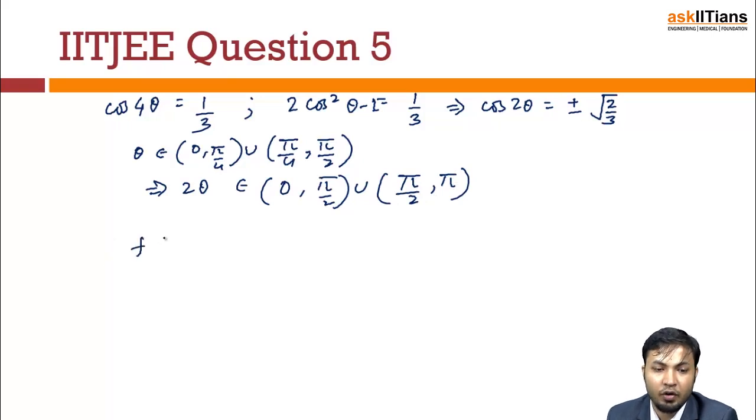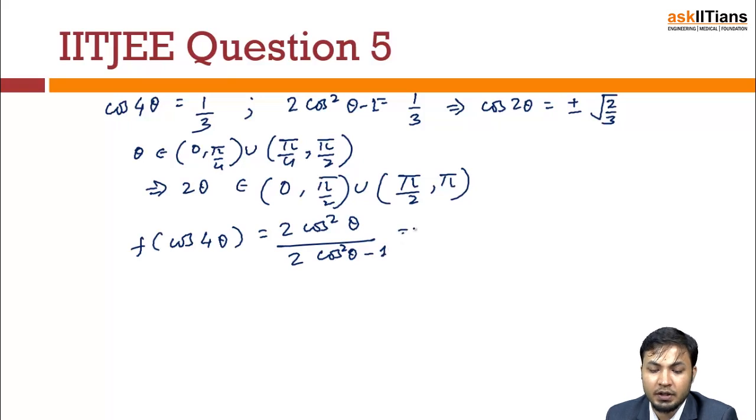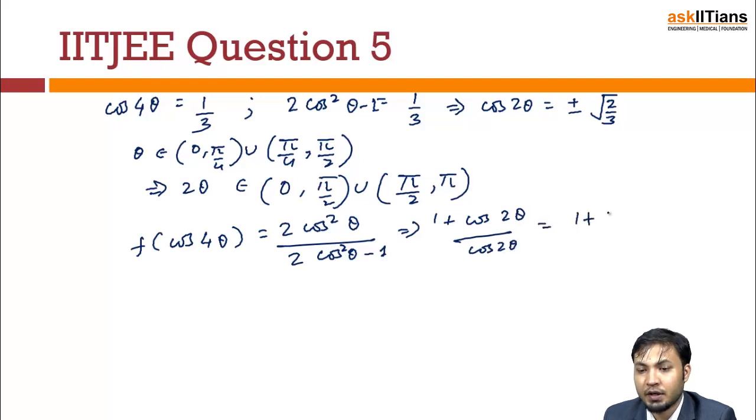So my f(cos 4θ) equals 2cos²θ over 2cos²θ − 1. This gives me (1 + cos 2θ)/cos 2θ, which gives me 1 + sec 2θ.